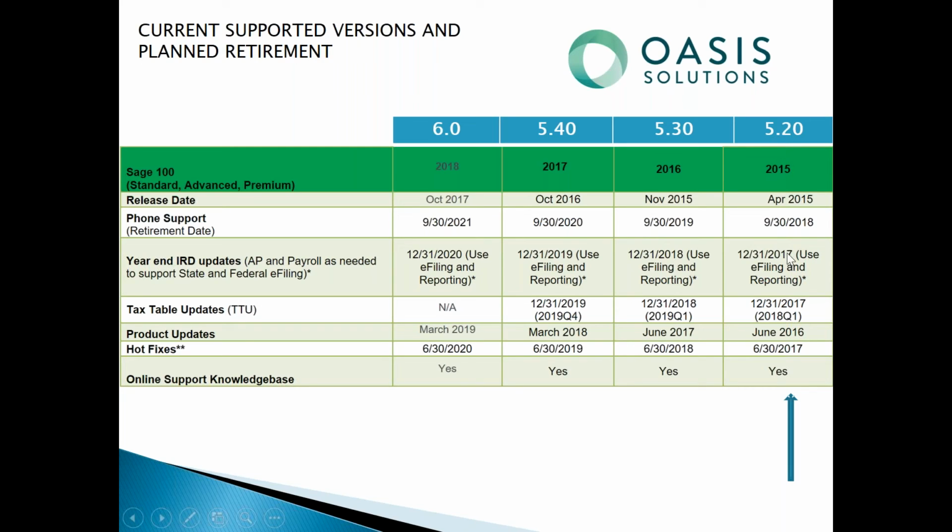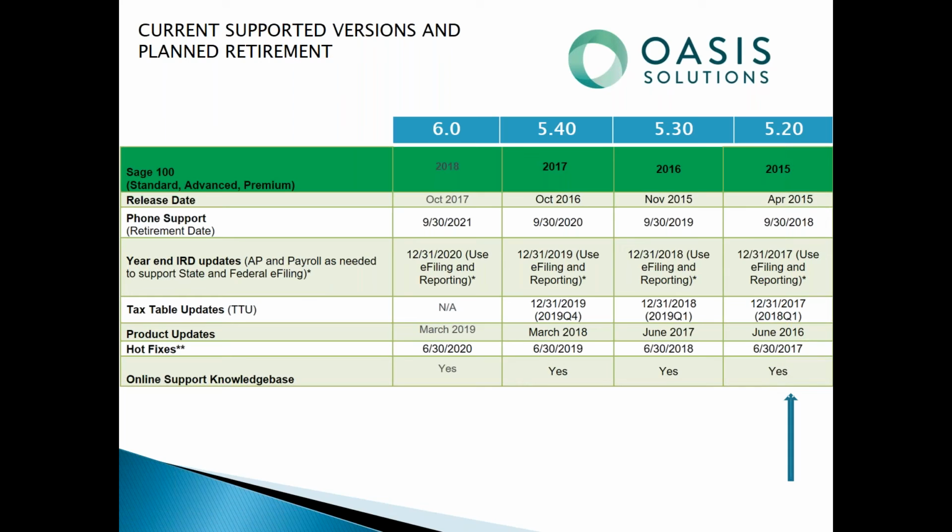So what that means, especially if you're not on the 2018 version, is that they will not be putting out tax table updates. They will not be issuing any product fixes, hot fixes, or anything like that for the product. You'll still have access to the knowledge base. Oasis will continue to support you.